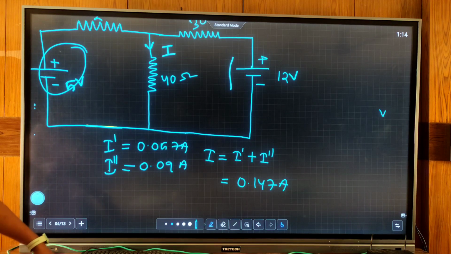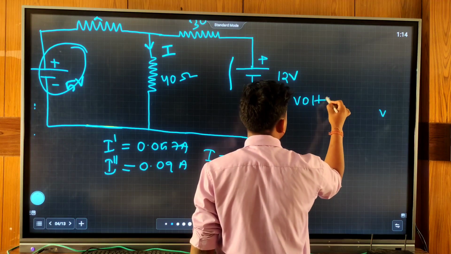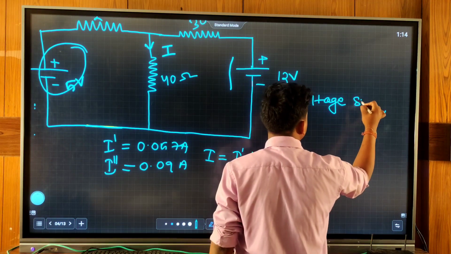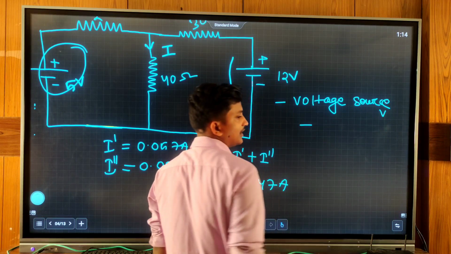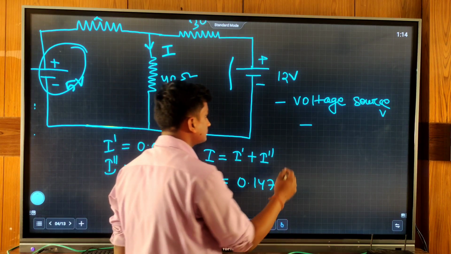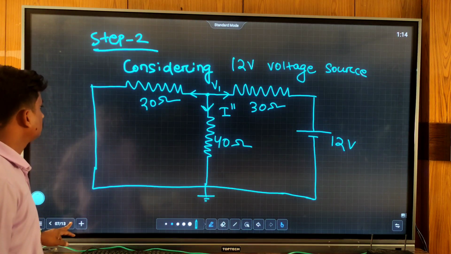Three things you have to remember. First, when a voltage source is present and it is replaced, it is short circuited. So I am making a table for better understanding.